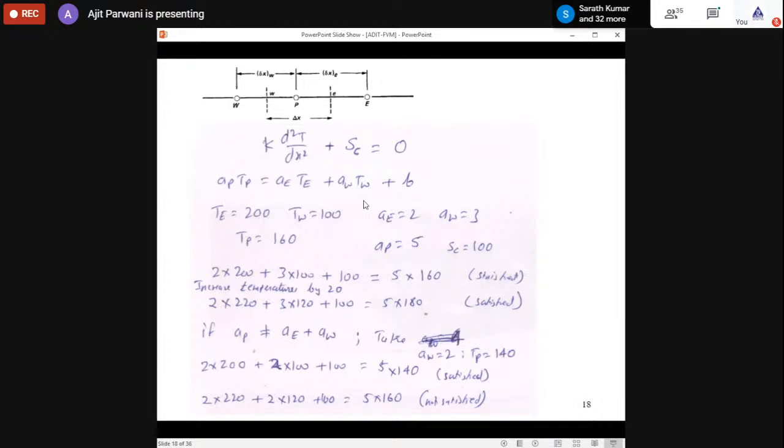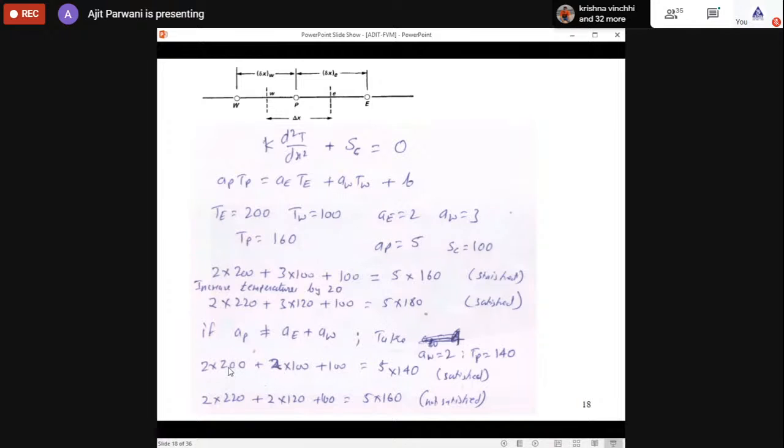If I put all the values here, the equation will be satisfied. Now this equation will be satisfied only if AP is equal to AE plus AW, that is 5 is equal to 2 plus 3. But suppose AP is not equal to AE plus AW, if AP has some other value, then putting the values over here, you will see the equation will not be satisfied in this case.